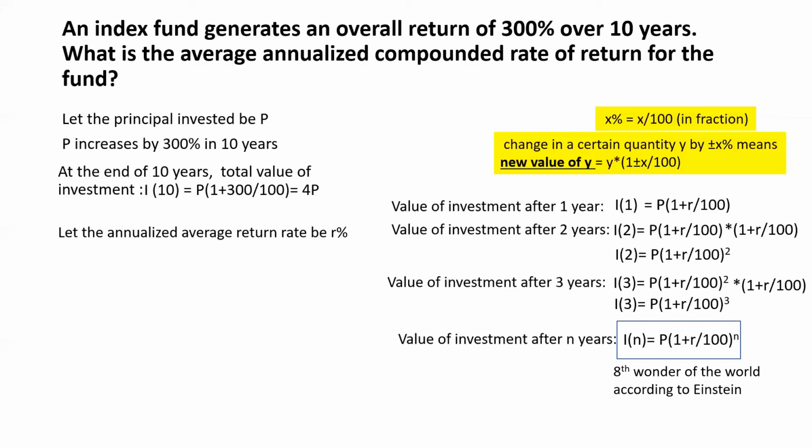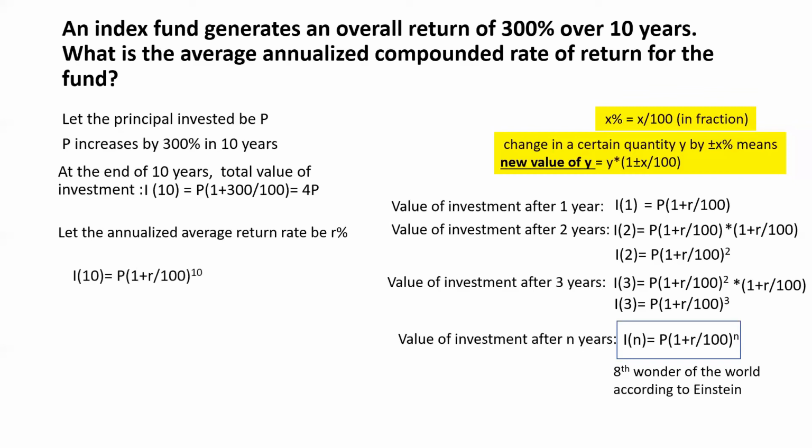In fact, there is a quotation of Einstein saying that he who understands it earns it, he who doesn't pays it. So that's important to remember, that this is an extremely powerful effect, especially when it comes to savings, investing and finances. So now let's get back to the problem.